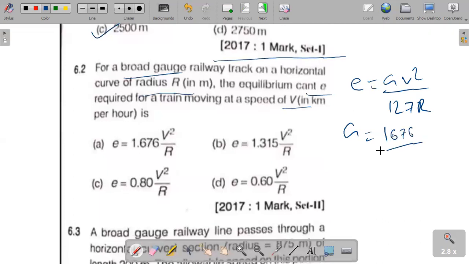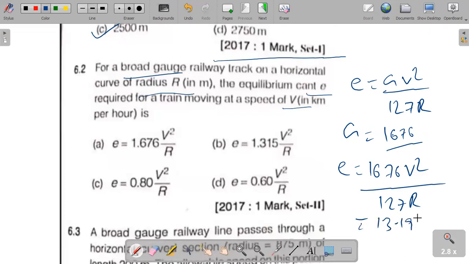is around 1676. So E is equal to 1676 V square by 127R. Dividing 1676 by 127, we get around 13.19 V square by R, and by changing the units, option B is the correct answer.